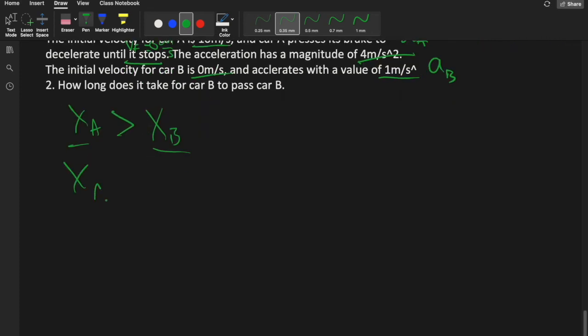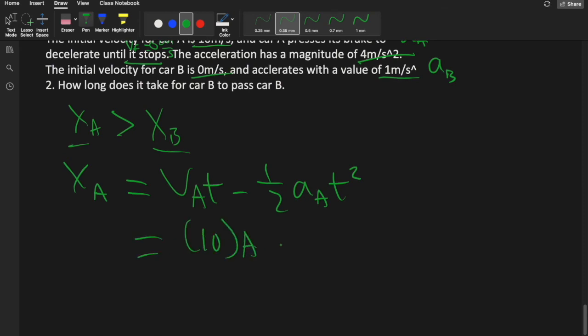Well, displacement for car A is equal to initial velocity times time minus a half times acceleration times t squared. And time is what we are solving for, right? So 10t minus a half times 4 times t squared. So this is for car A, and for car B, same thing.